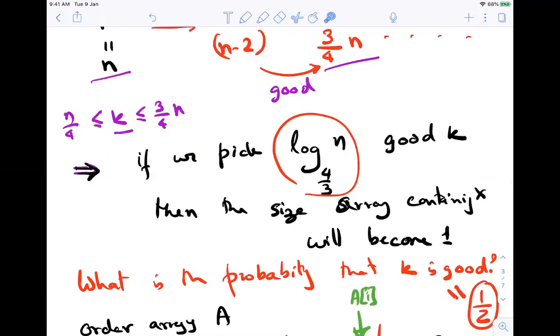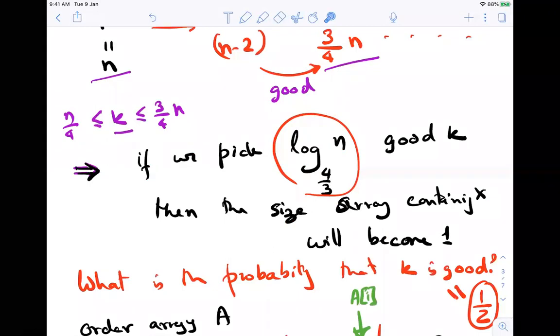So if the length of the path is more than twice this, then what is the expected number of good pivots that you get? It is this quantity, because 2 times log n base 4 by 3 into half is this much.